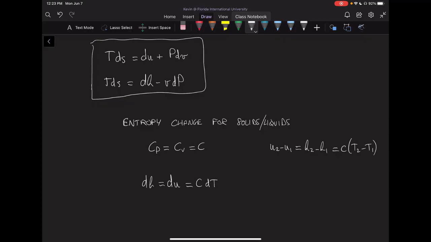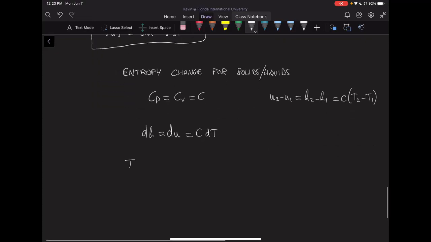Now, if we apply this to our TdS equation, we can say TdS is equal to dU plus P dV. So we have this relation.